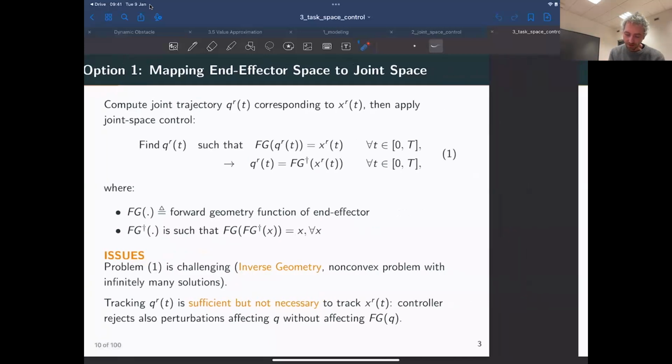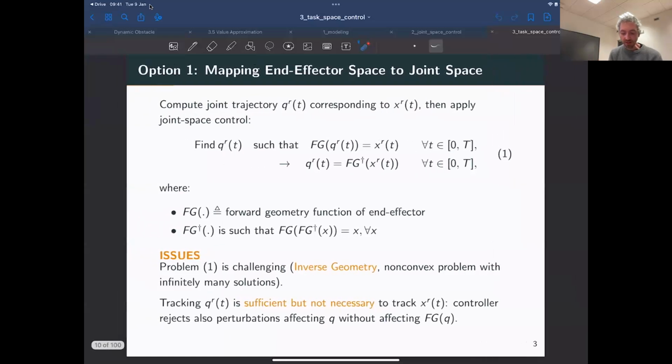Also, there is another thing. Tracking this reference joint configuration QR would be sufficient to track the reference task configuration, but it's not necessary, because in general you have infinitely many possible joint configurations that correspond to the same task configuration.